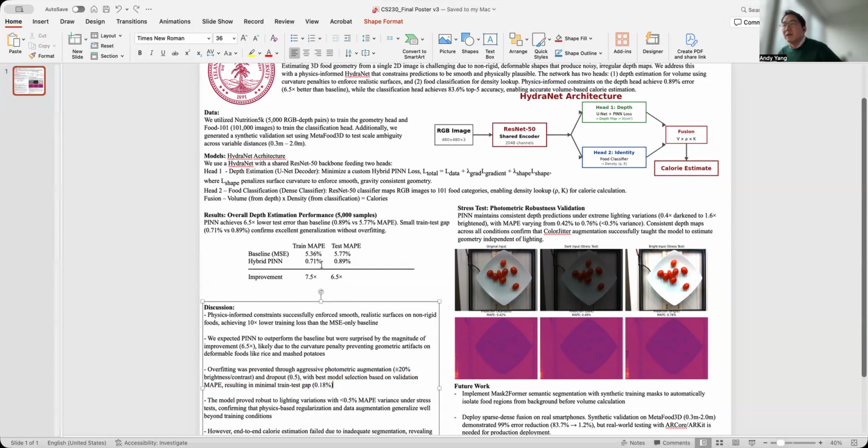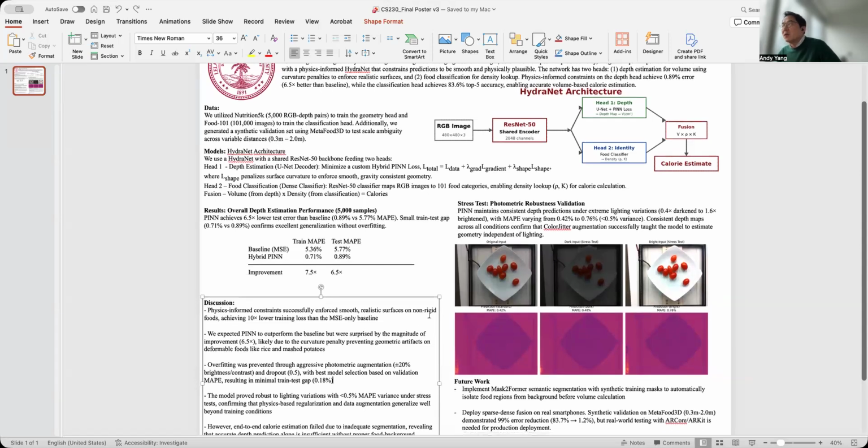As a result, the gap, the difference between test errors and train errors, is within 0.18 percentage points.